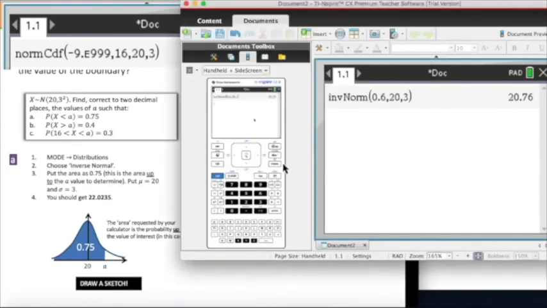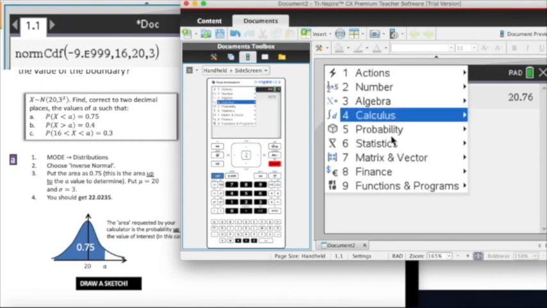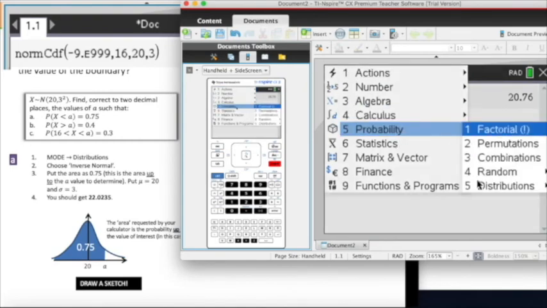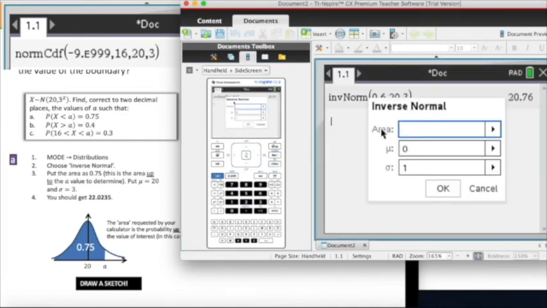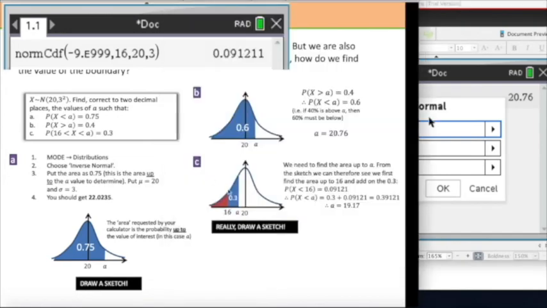If you do inverse norm, probability, distribution, inverse normal, the area has no lower or upper boundaries. Here's only area. So that's the reason why you need to find that red area first, add 0.3 to that red area, and then do the inverse norm to find A of the entire area to the left of A.